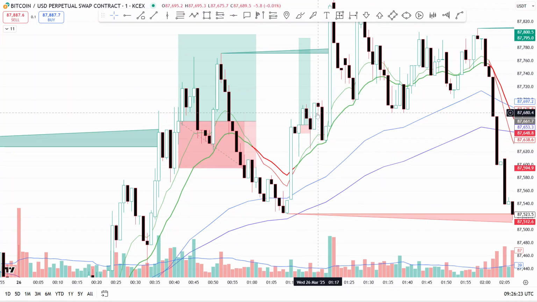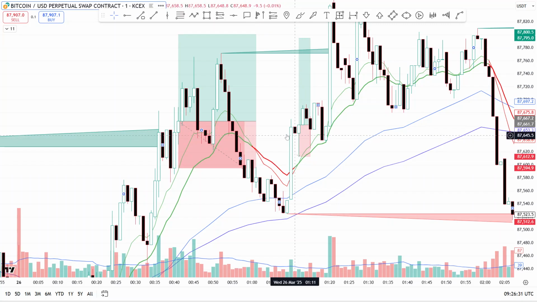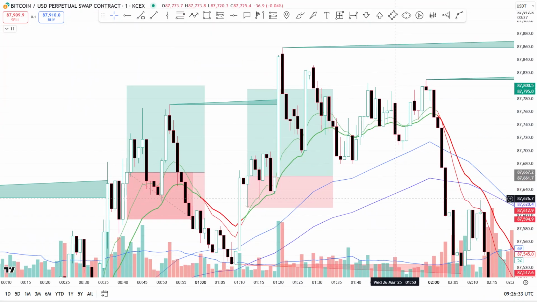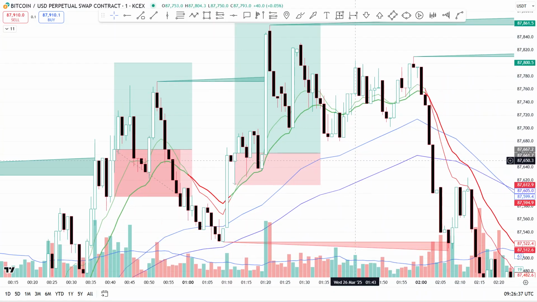Then you have a break of structure again. So in this case, I would put my stop loss at the liquidity because this is too small of a candle, and you can capture another 3 hour or so, right?